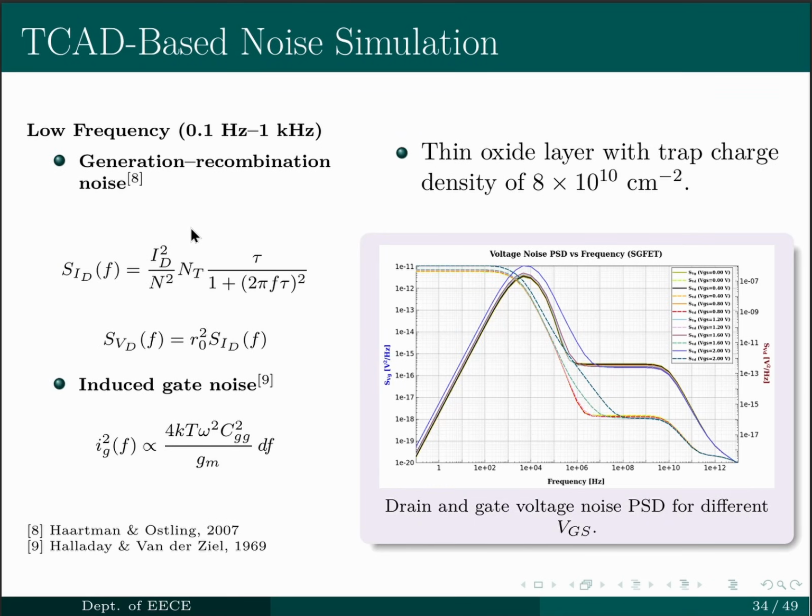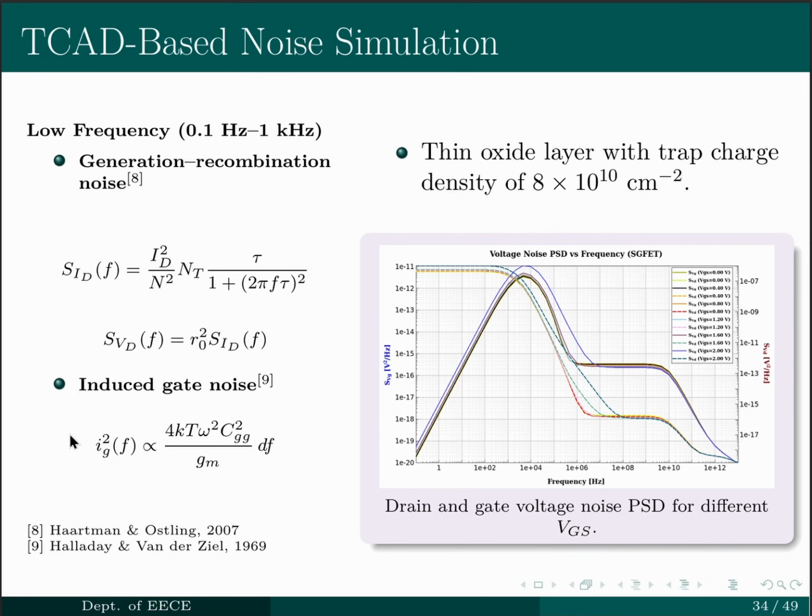Now the TCAD simulation shows the noise behavior of the device. The SVD is initially flat because of the generation-recombination of the charges, in the lower frequency range from nearly 1.1 Hz to 1 kHz. In the SVG case, meaning the power spectral density of the gate, it is initially increasing at lower frequency because of the induced gate noise, which is directly proportional to the frequency.